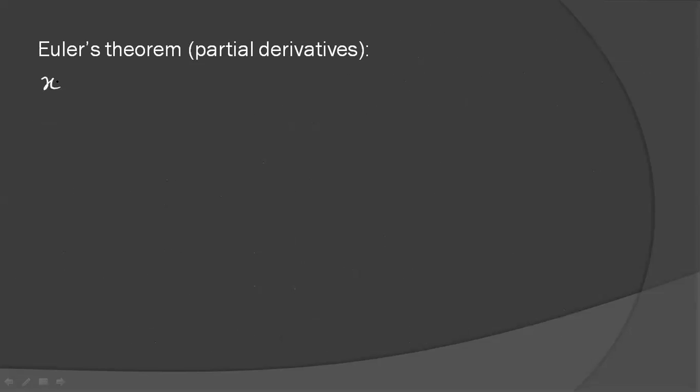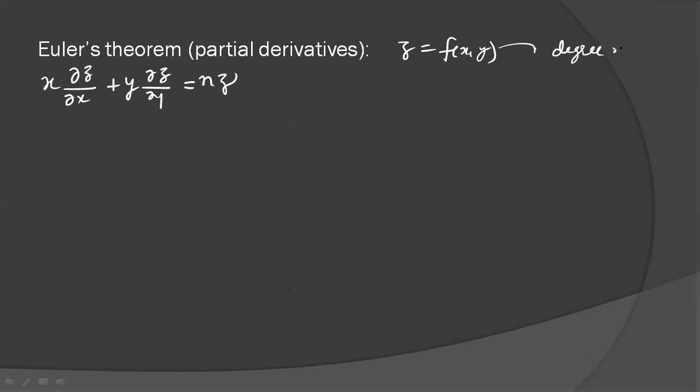I'm going to prove the first part: x ∂z/∂x + y ∂z/∂y = nz. Here I'm taking z = f(x,y) as a homogeneous function of degree n.